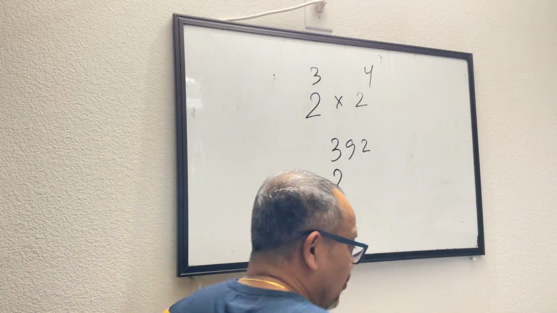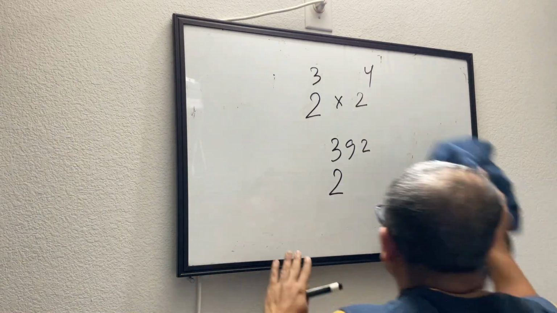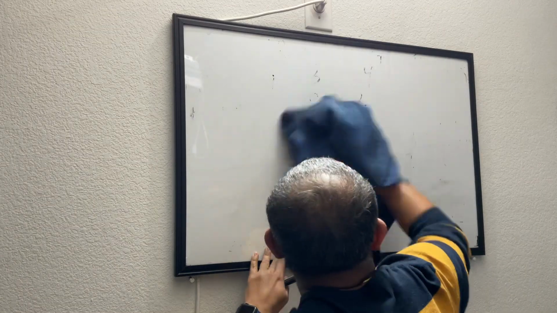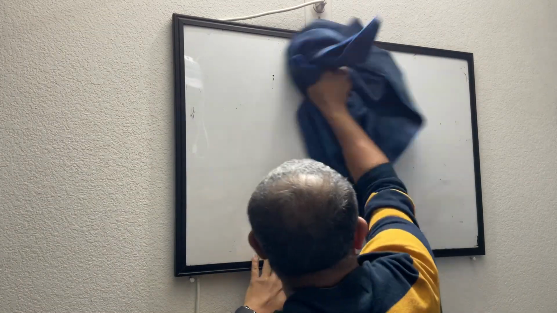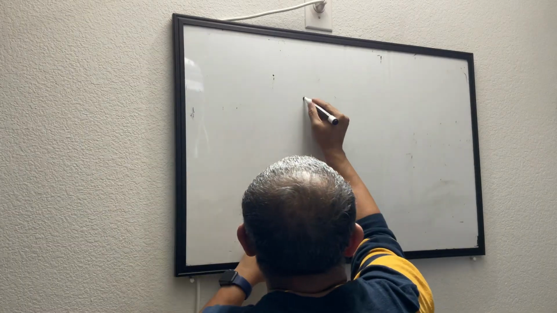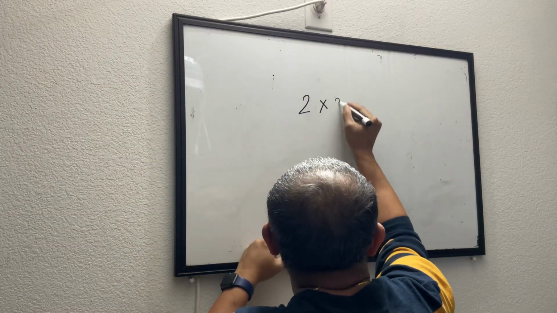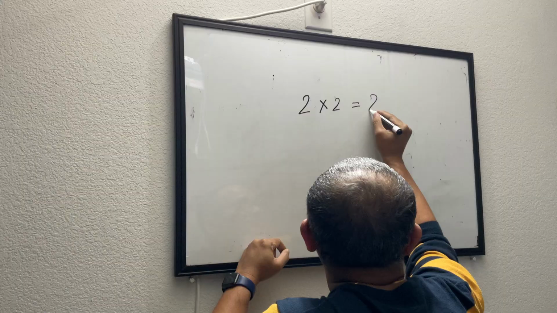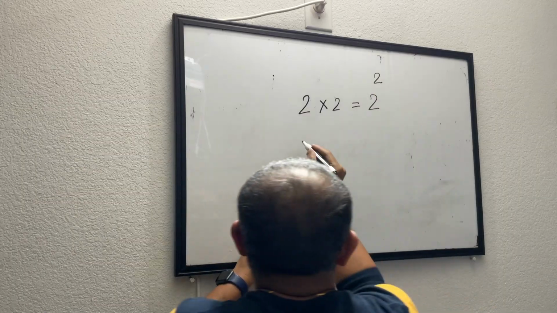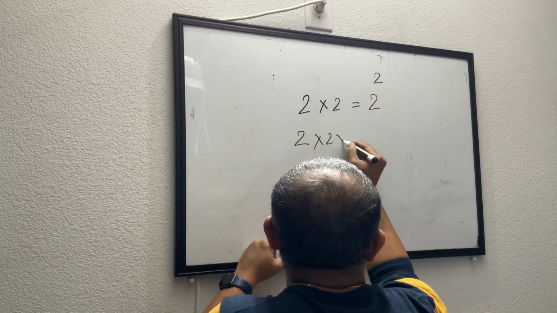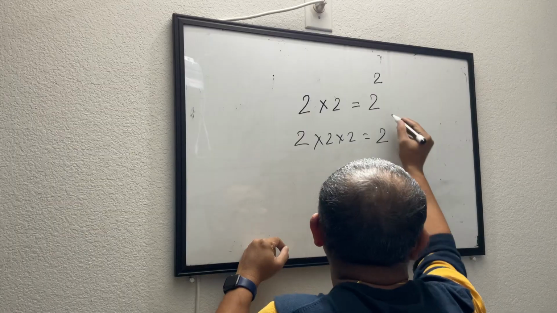So, what we are learning as part of exponents is this. First thing, the stepping stone of exponents is the fact that if I have 2 into 2, I can write this as 2 to the power 2. If I have 2 into 2 into 2, I can write this as 2 to the power 3.